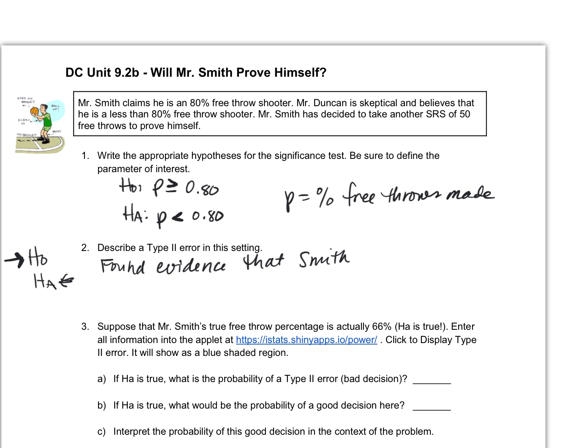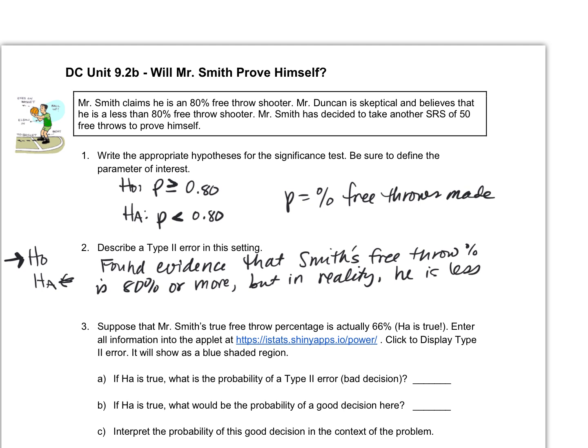We found evidence that Smith's free throw percentage is 80% or more, but in reality, he shoots less than that. All right, we got that?